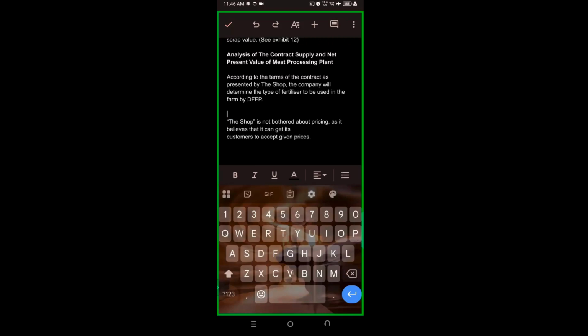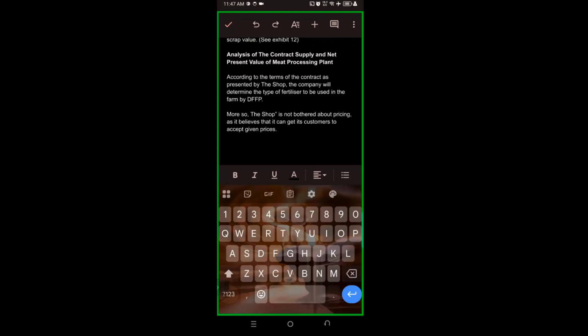More so, Bishop is not bothered about pricing, as it believes the customer can be made to accept any given prices, right? That is 2 points from the contract supply.